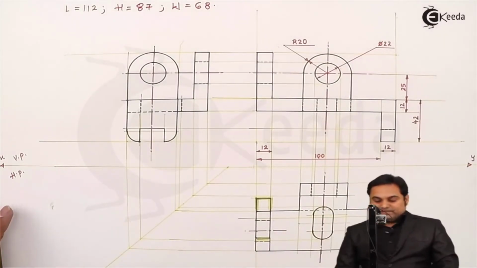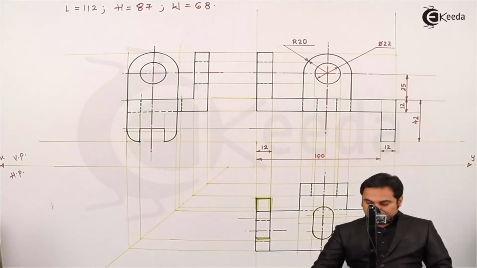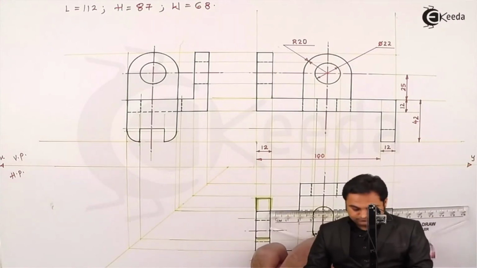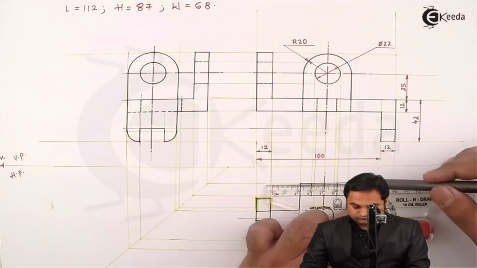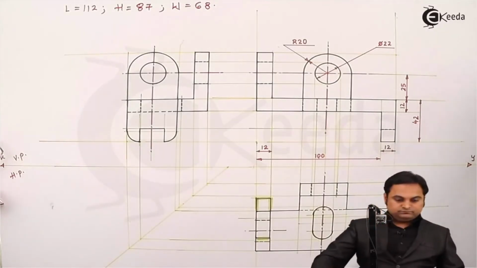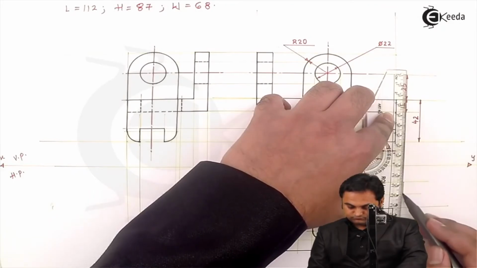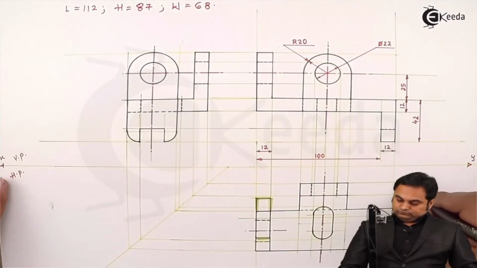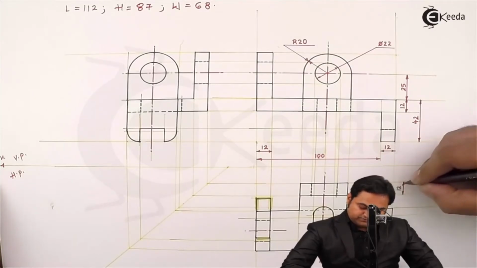Then after giving the dimensions in the front view, I'll start with the top view. This portion has a width of 12.